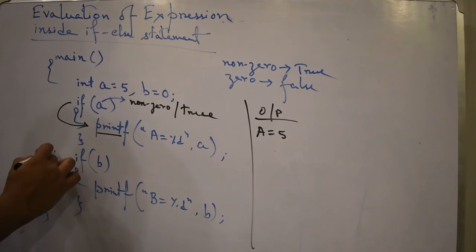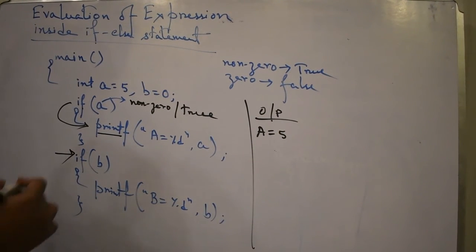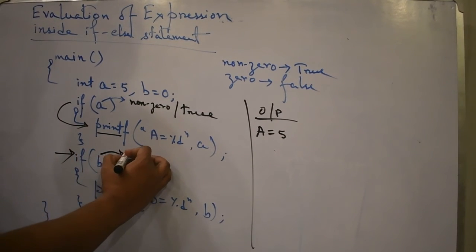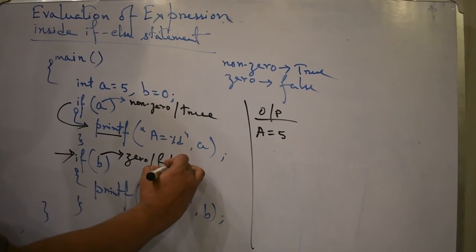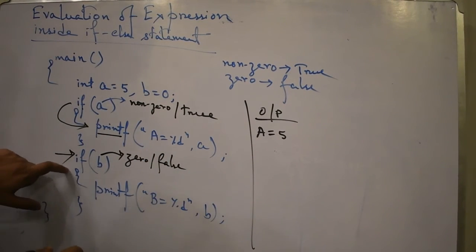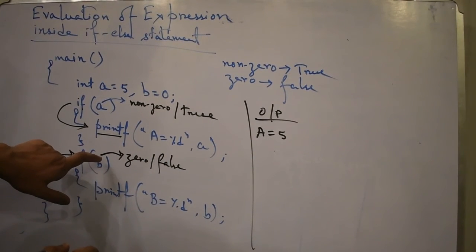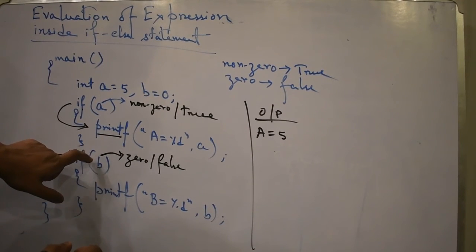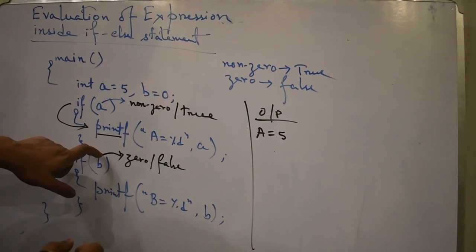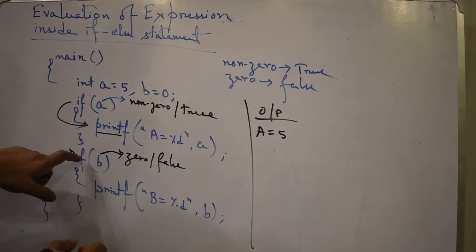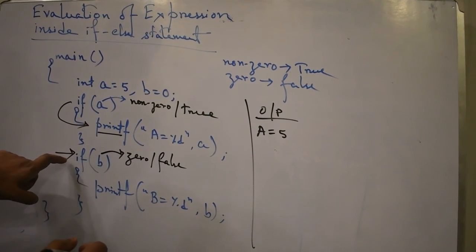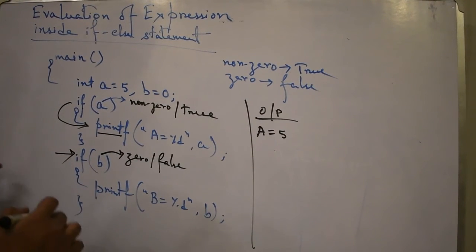Now the control comes here. What is b's value? B's value is 0, which is considered as false. So if false, that means the expression we are giving inside if results in false, so it will not go inside the if block.